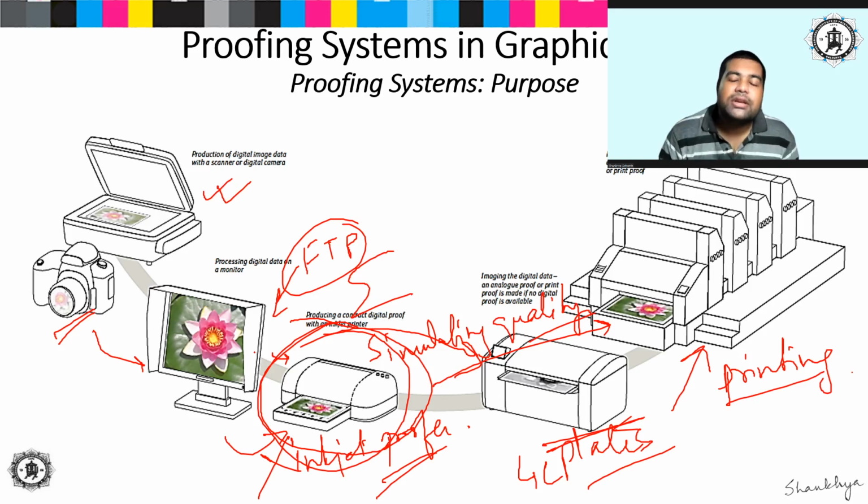So you have printed maybe a few lakh of copies, and you have delivered it to the customer. After seeing the copies, the customer is saying, no, this is not what I had expected. This is completely off, and the chances are that you will be off if you do not take the correct measures. That is what we have learned so far: if you do not maintain the gray balance, the actual tone reproduction curves, or the colorimetric values, then of course the print will be off, and the print buyer will say, no, this is not the quality I was expecting.